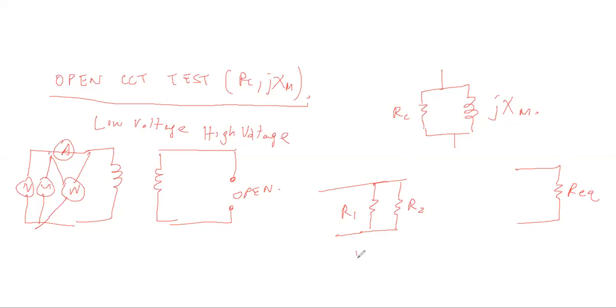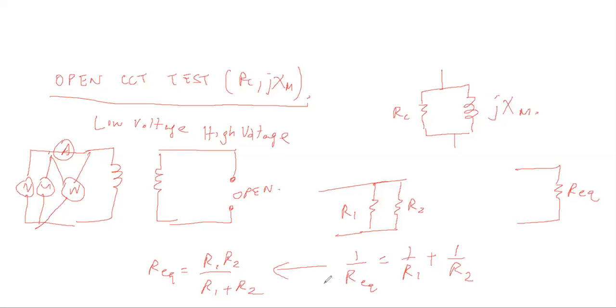The formula says 1 over R equivalent is equal to 1 over R1 plus 1 over R2. And if we were to find R equivalent, then R equivalent comes out to be R1 R2 over R1 plus R2. From here I can find the R equivalent like this.